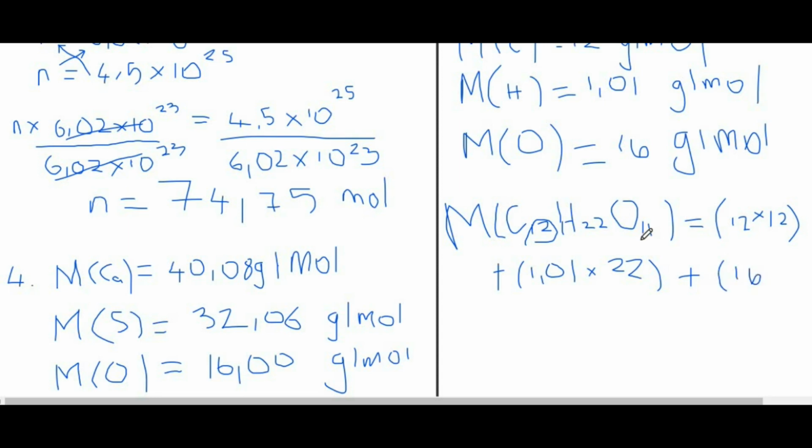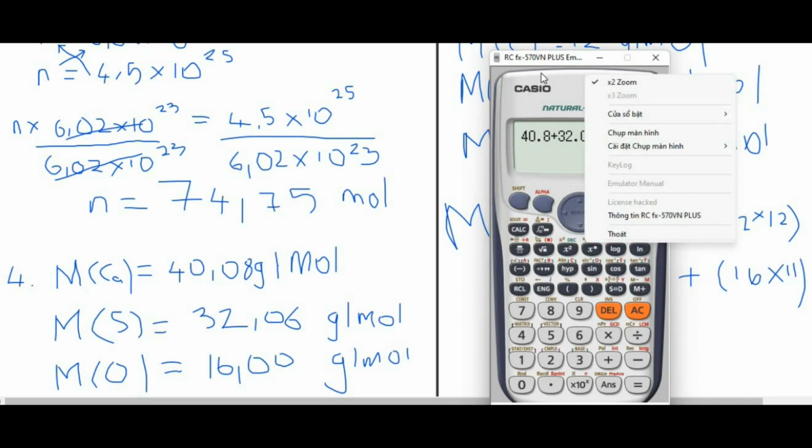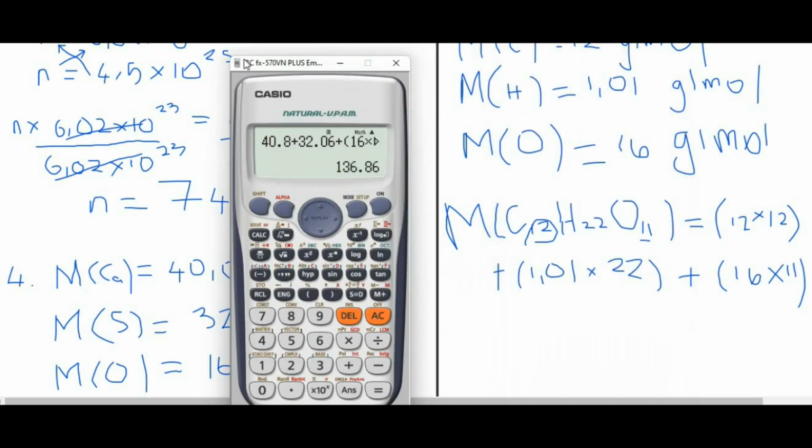How many oxygens do I have? I have 11, so it's 16 times 11. Put that in the calculator as it is.